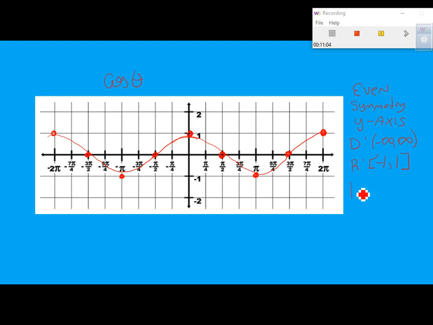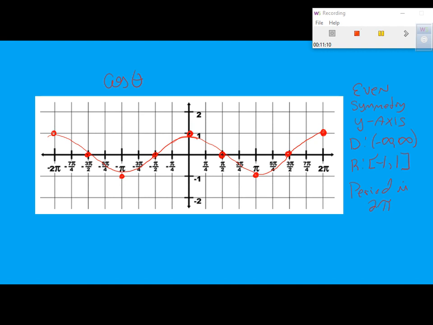The period of this, just like on the sine, is 2 pi. It starts over from an identical point every 2 pi, which makes sense if you think about the unit circle. Every time you do a lap, every time you go around. So the period is 2 pi.